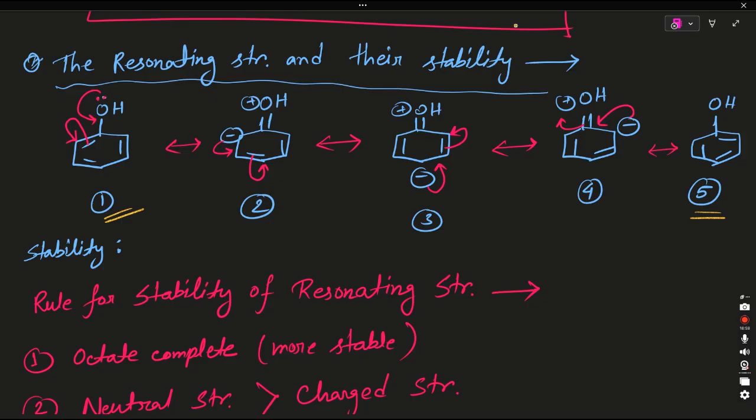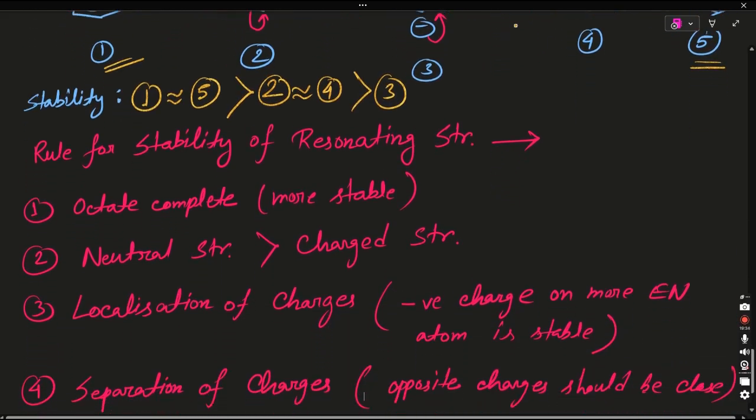So these are the more stable forms. 1 is equal to 5. Then the second and fourth forms, the opposite charges are very close to each other. So these are more stable. So we can say 2 is equal to 4. Then lastly, in the third structure, the charges are very far away from each other. So this is the stability order.